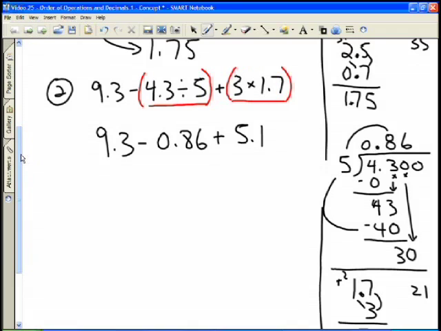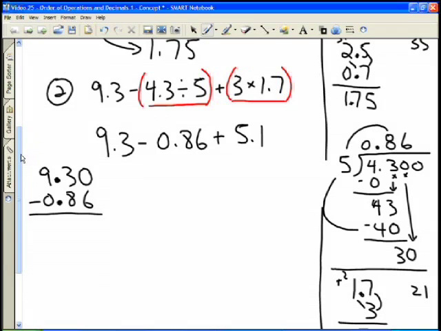And now I've got 9.3 minus 0.86 plus 5.1. So I'm running out of room on the left there, so 9.3 now minus 0.86. And remember, now we need to put a placeholder there. We're adding and subtracting, so our decimals are stacked.